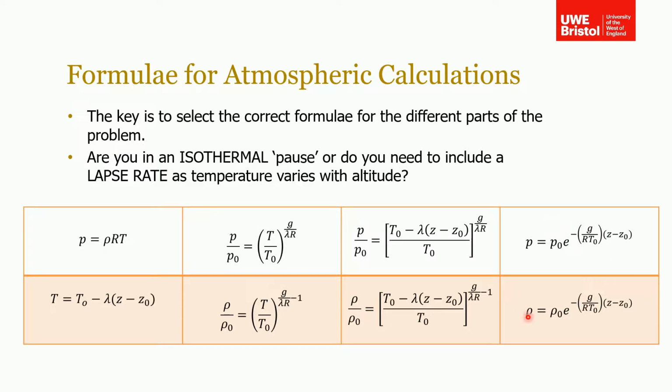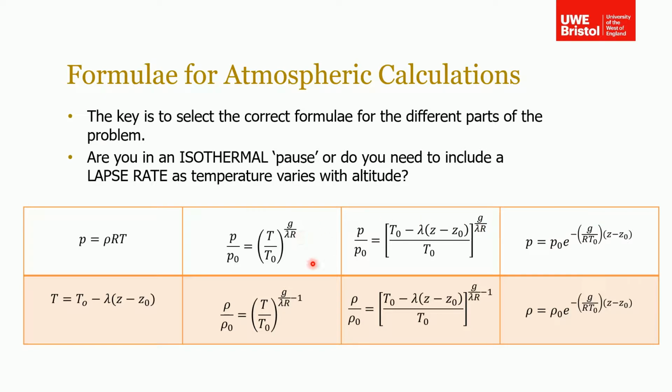The equations over here we developed for an isothermal layer, okay? So the temperature isn't changing with altitude, it's the same temperature. So we don't need to know what the temperature is at our given altitude because it's the same as the temperature at the base of the layer. So we can just use this expression for pressure and this one for density. Okay, so these two are for isothermal layers.